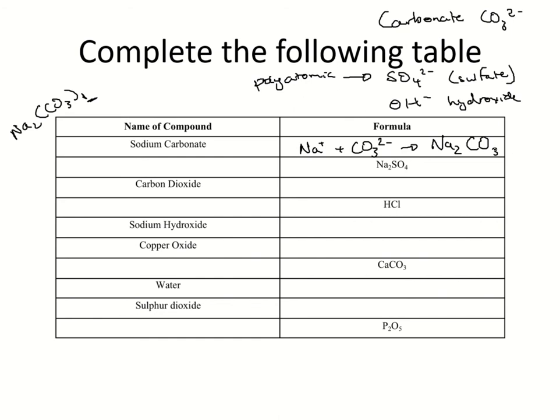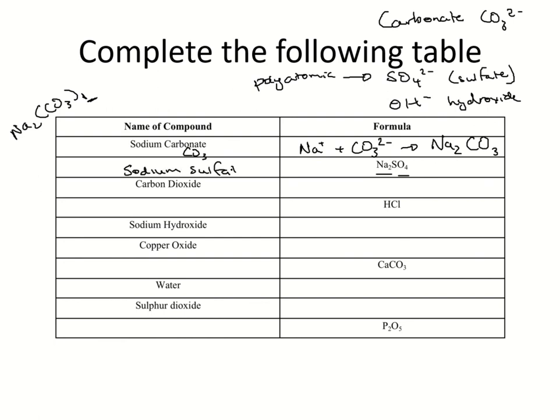Now the reason why this 3 doesn't change is because carbonate's formula is CO3. Now if I change that 3, I get a completely different chemical, and no longer am I writing sodium carbonate, maybe I'm writing sodium carbon dioxide or something like that. Okay, this one here, we have sodium and sulfate, so it's called sodium sulfate.